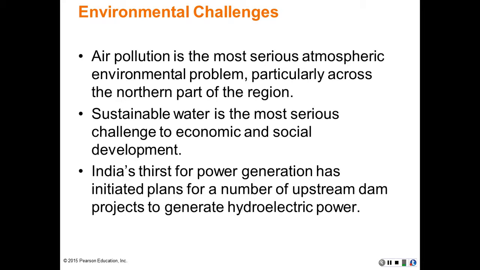So those three primary sources have a very serious effect on the air pollution, especially in the northern and northeastern portions of India. Sustainable water is the most serious challenge to economic and social development.